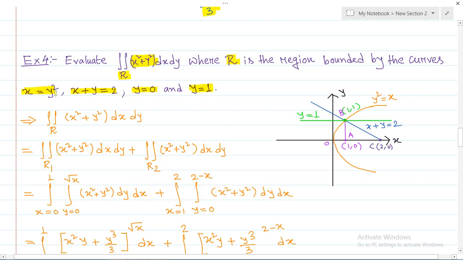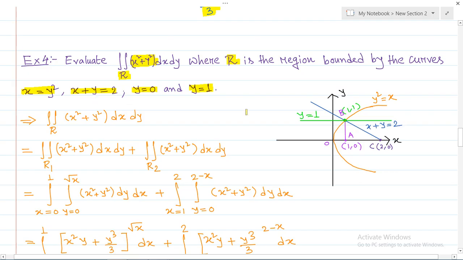First of all, y squared equals x. This is a C-type parabola. x plus y equals 2 is the blue straight line that you can see. y equals 0 is our x-axis, and y equals 1 will pass through the point of intersection of this parabola and the straight line x plus y equals 2.